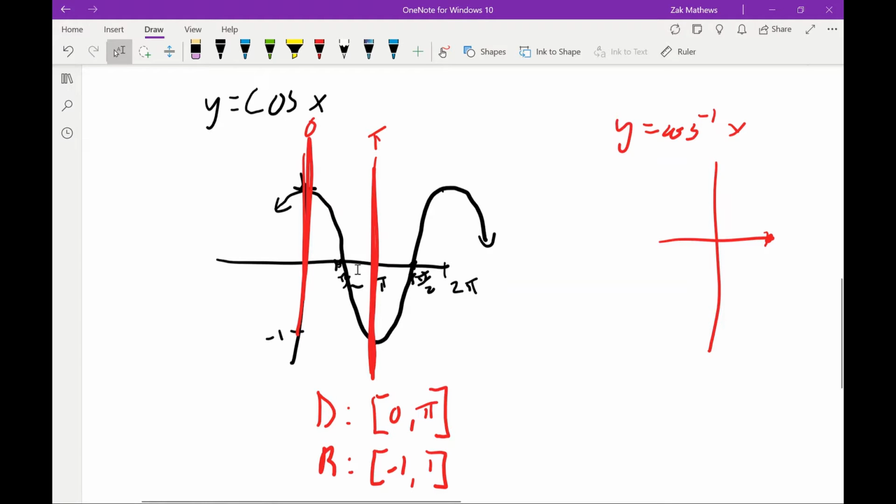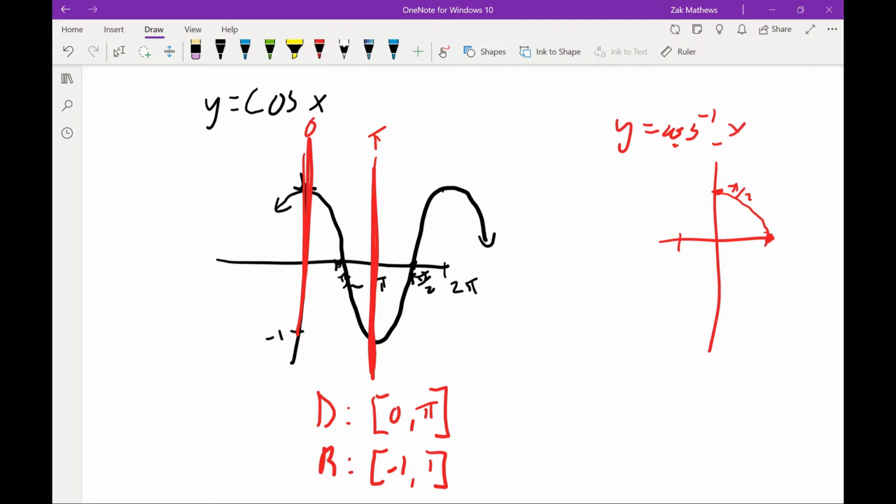That's going to become 0, π/2. And then the final value we had was down here at pi, -1. So that's going to become -1, pi, running off my axis a little bit. I'll squeeze it in up there. And then drawing my curves, this would be the graph of the inverse cosine function.